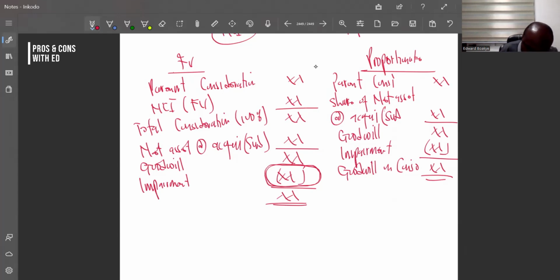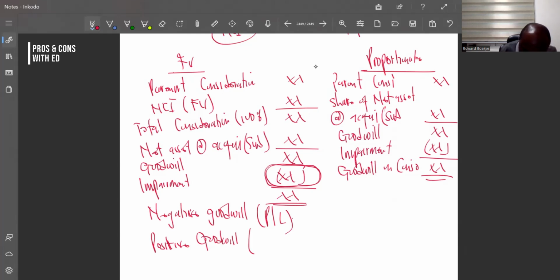So we have a negative goodwill, which will go to our P&L. And then we also have a positive goodwill, which is termed as intangible assets.